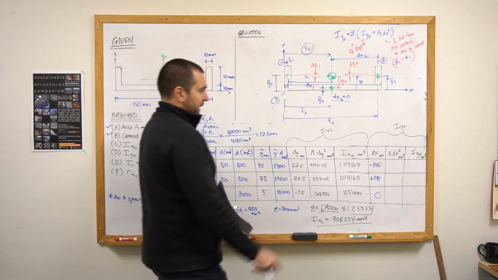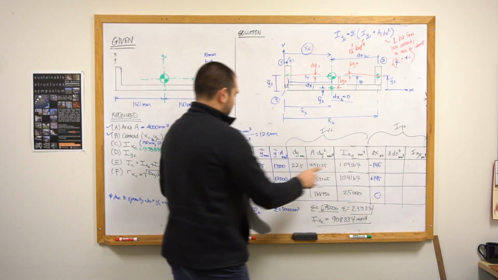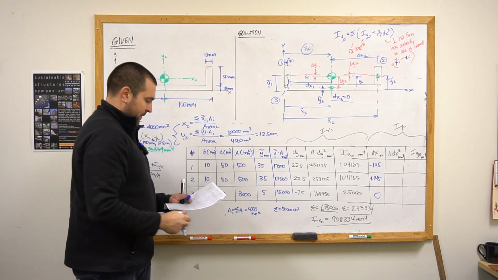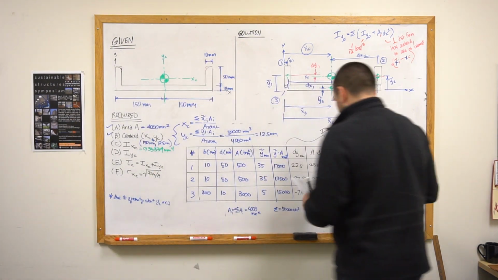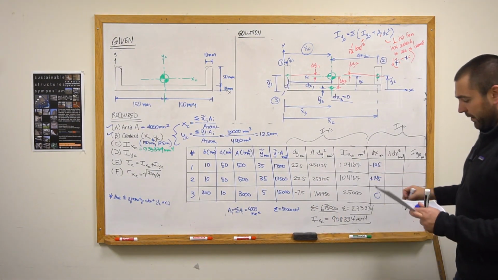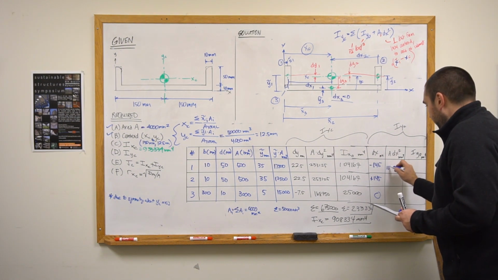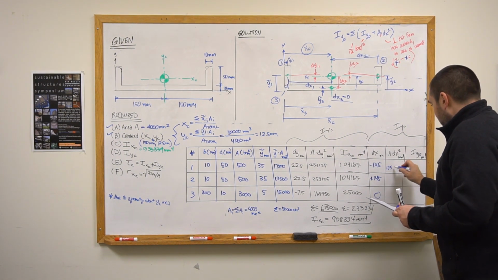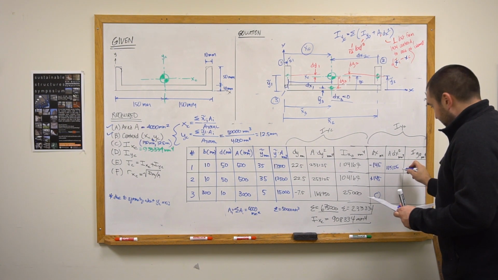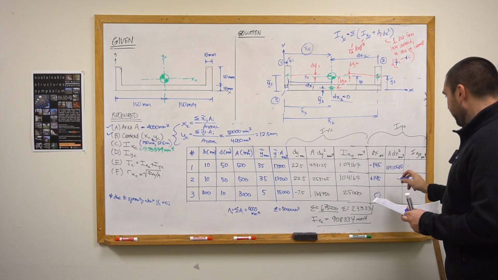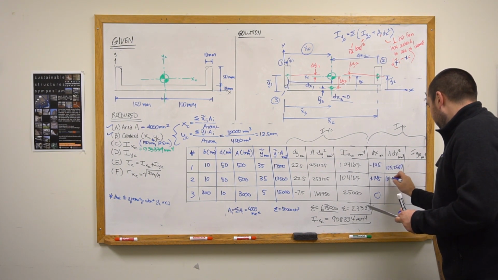And now all I have to do is just take this value, square it, and multiply it times the area itself. So I get some big values. They're all positive because this term ends up getting squared. I get 10,512,500, so over 1 million for these.